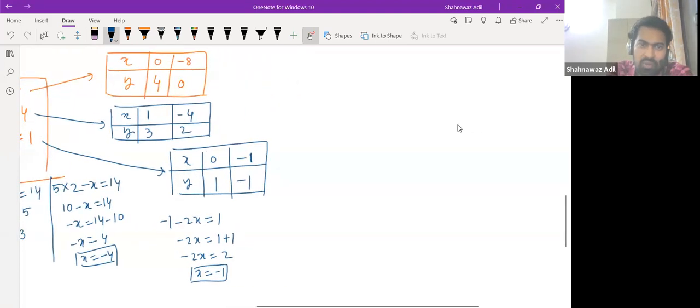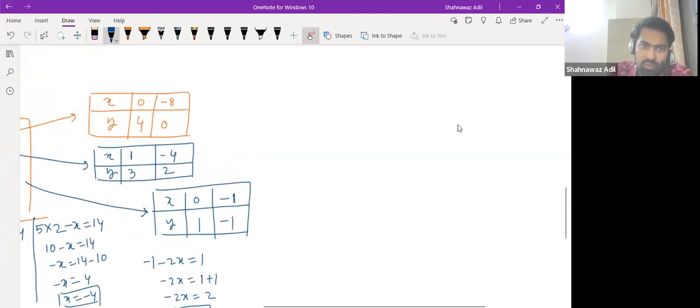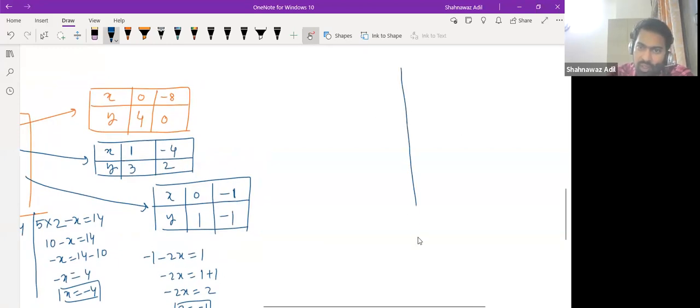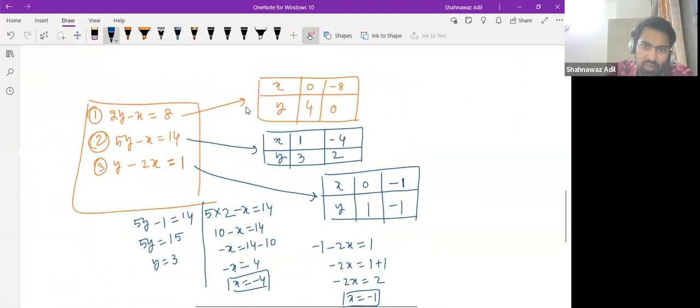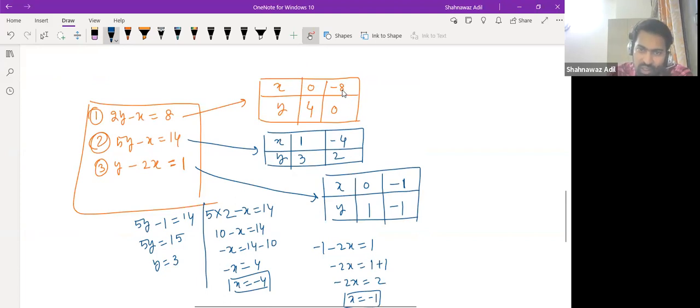So now you have all the points to draw, right? So let us make a smaller point, because minus 8 is a bigger number. So let us take a point so that we get a smaller one. Let's take y equal to 2.